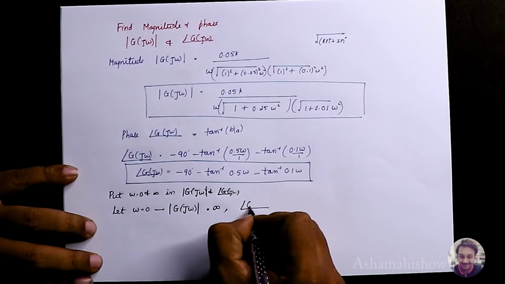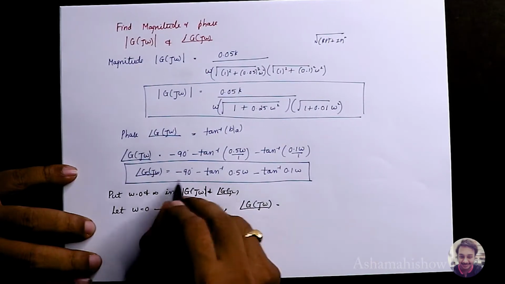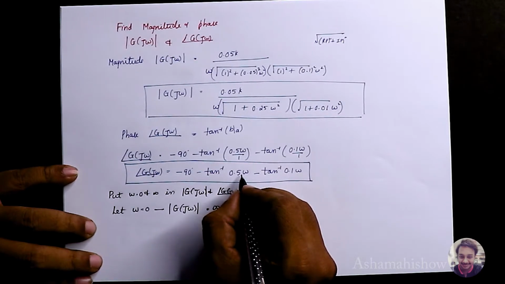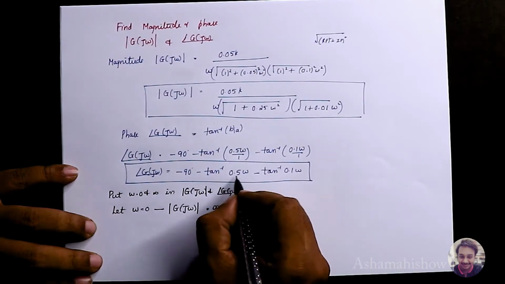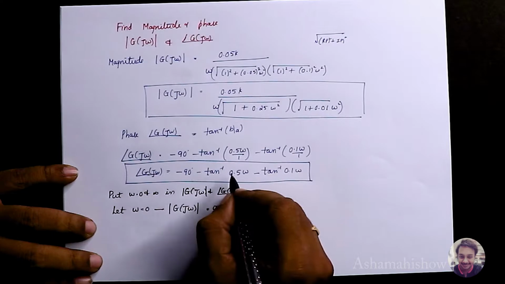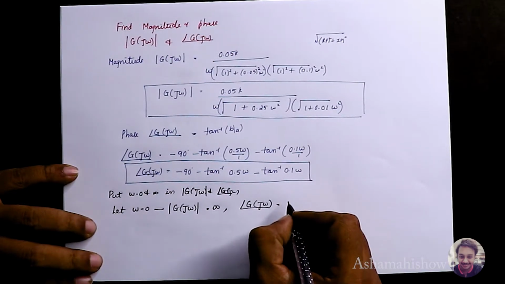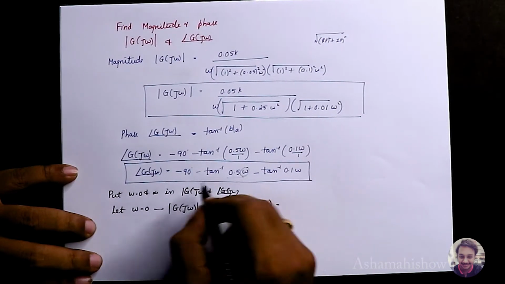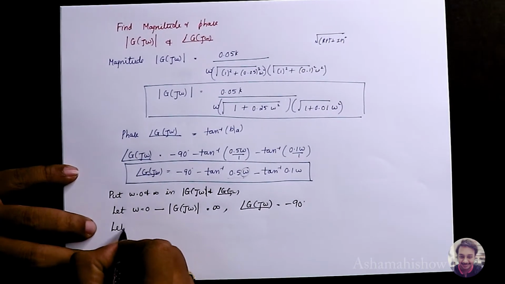And what will your angle be? Sorry, if you keep omega 0 here, this becomes 0 and this becomes 0. So you will be left with only minus 90. My mistake, I got confused.